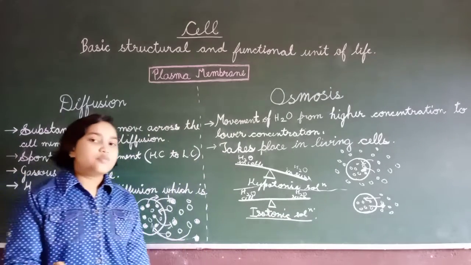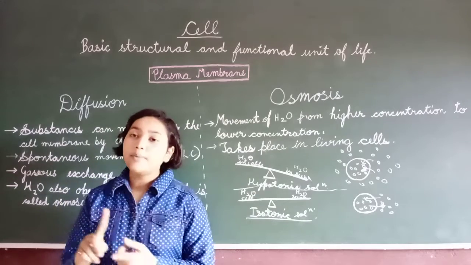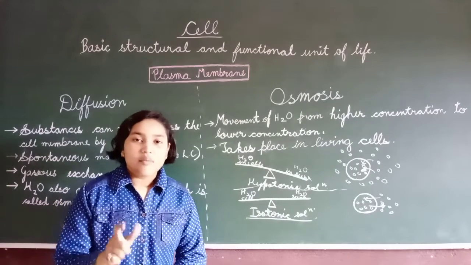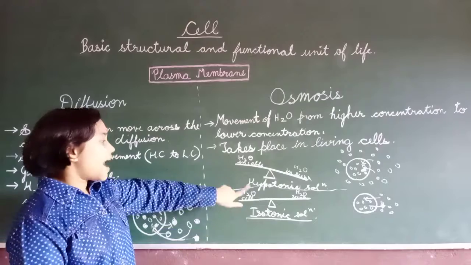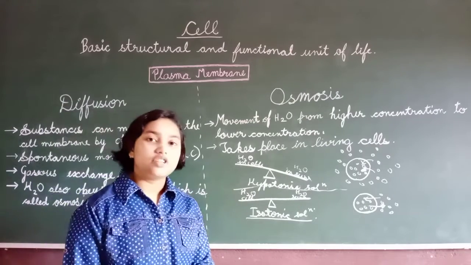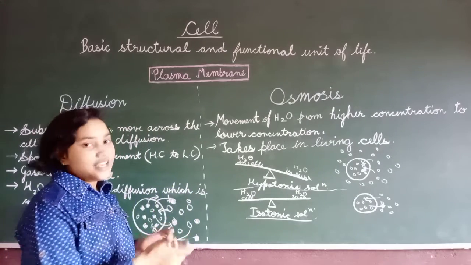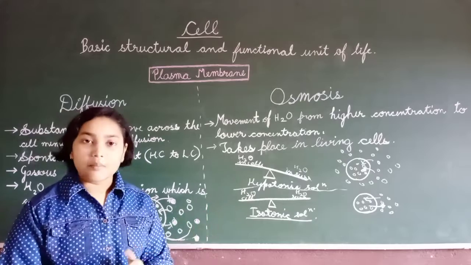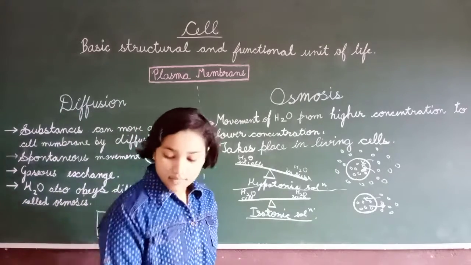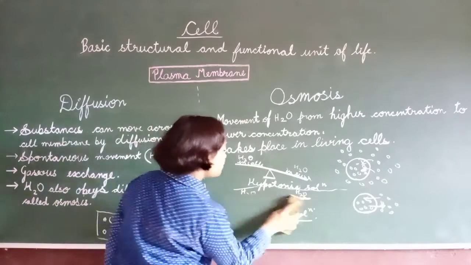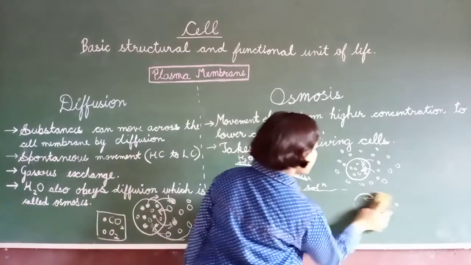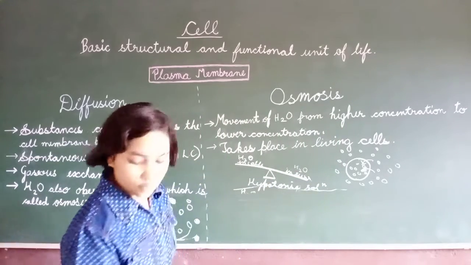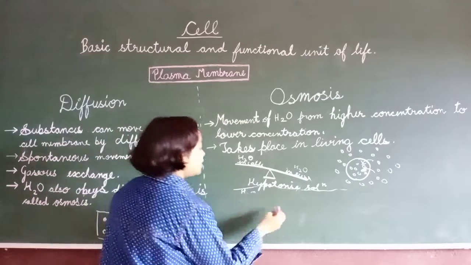Now there is the third type of solution, which is the hypertonic solution. Some people get confused between hypotonic and hypertonic solution. Well, it is very easy to understand with the diagram. So let's understand the third type, which is the hypertonic solution.